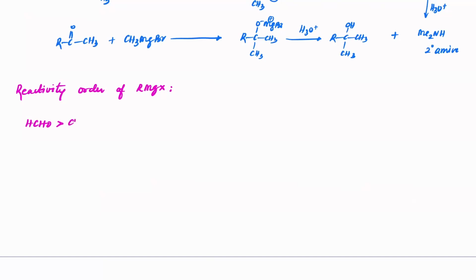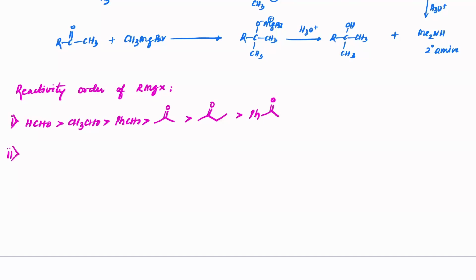Then we have CH3CHO. Then we have PhCHO. Then we will have ketones. Then we'll have more bulkier ketones like this. Then we have phenyl type of ketones like this. This is the first type of reactivity order you should know.